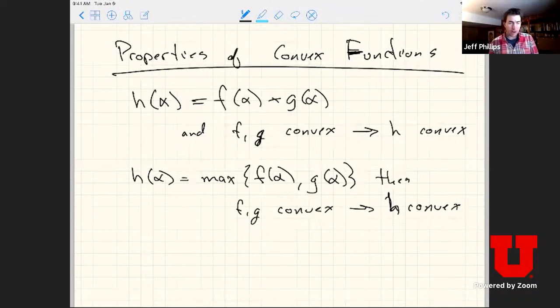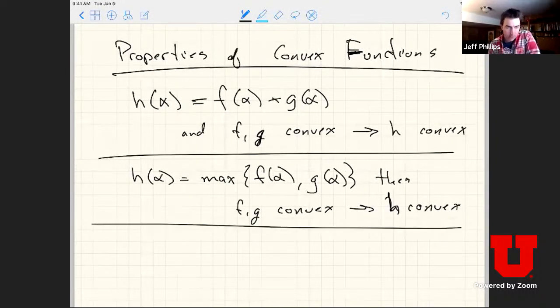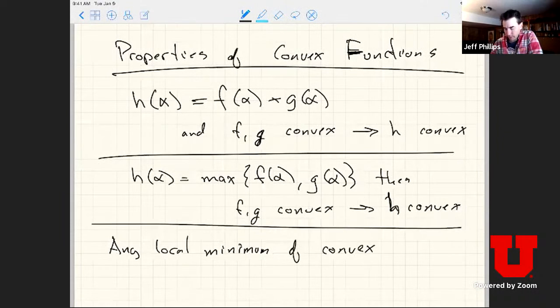Okay, probably the single most important property of a convex function, right, is that any local minimum of a convex f is also a global minimum.